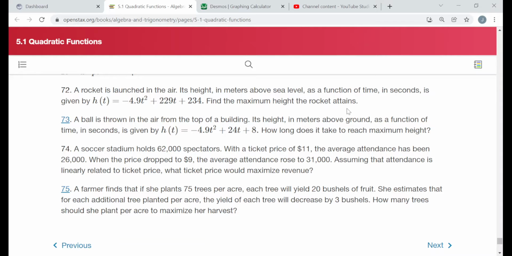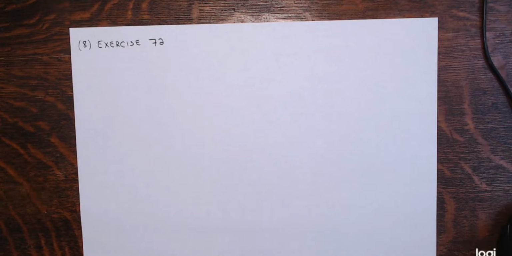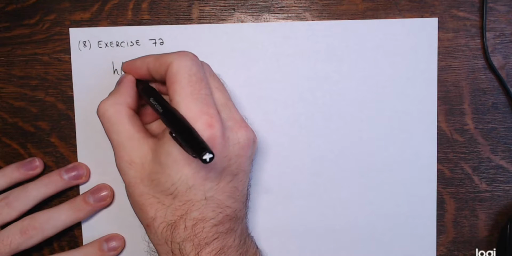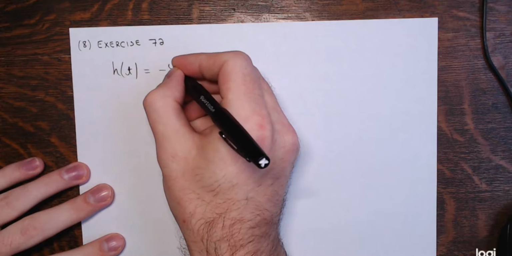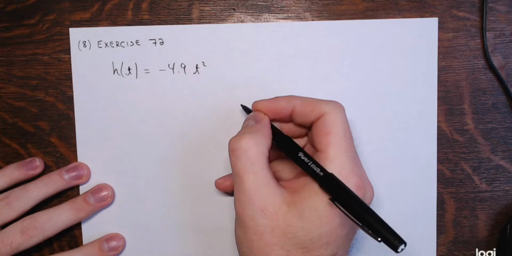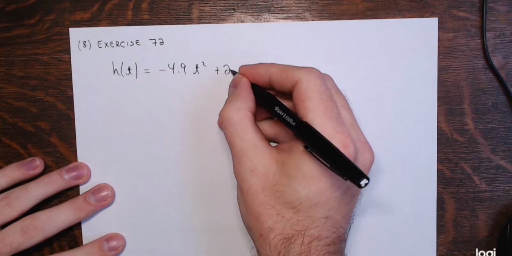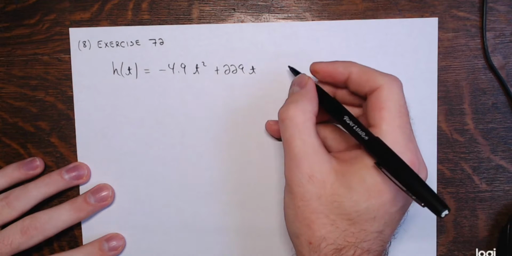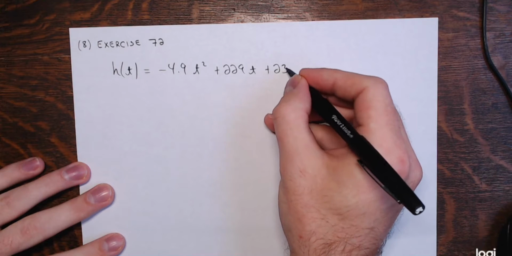And this is basically boiling down to vertex, right? So I'm just going to go back to the page here. We have h of t equals negative 4.9 times t squared plus 229t plus 234.